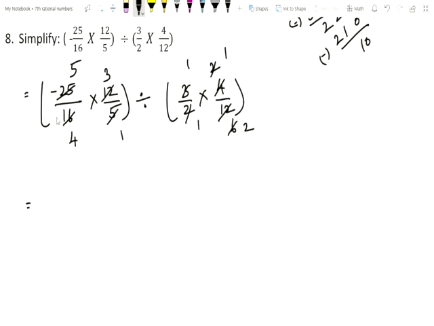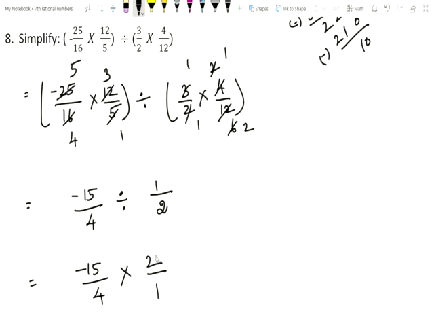See here, 5 3s are 15, minus 15 by 4 ones are 4, divided by the numerator 1, denominator 2. Now the division is there. The division I am going to change to multiplication. Instead of division I am going to multiply. If I want to multiply, I have to take the reciprocal of the second term. So the reciprocal of 1 by 2 is 2 by 1.